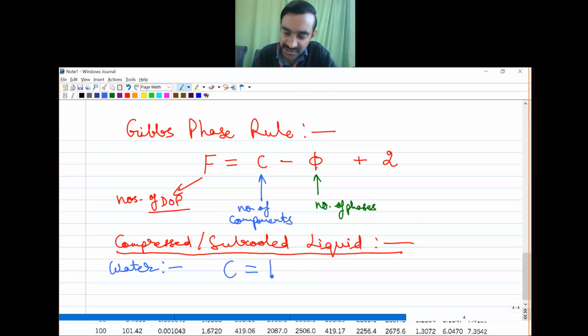Okay. And if I take the compressed or subcooled state, I will have water always present in liquid phase. If water is always present in liquid phase, then my value of phi will also be 1, because we have only 1 phase.